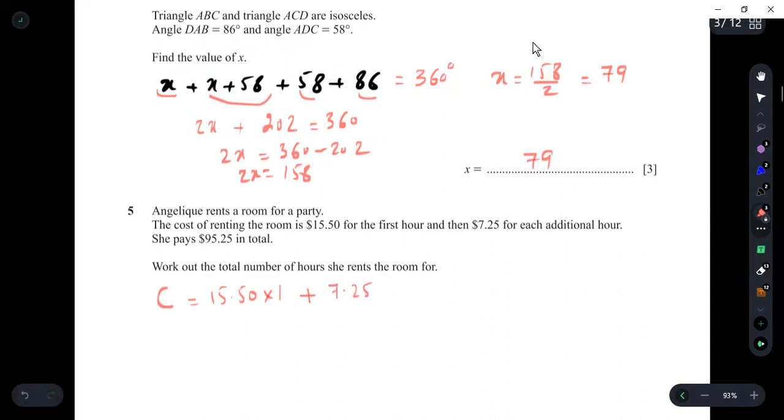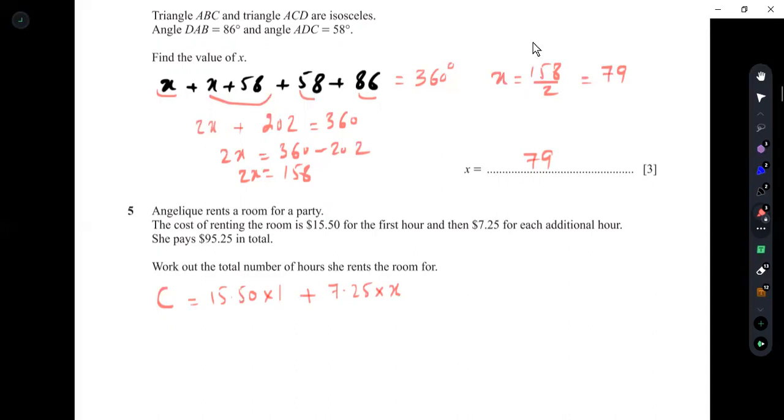Now we don't know the number of hours, as it can vary for different persons. So we cannot write any number here, we write a variable. The cost will come accordingly depending on the value of x. So if someone is renting for 5 hours, the total cost will be 15.50 times 1, because for the first hour the charge is this, and for the remaining 4 hours out of 5, the charge will be 7.25.